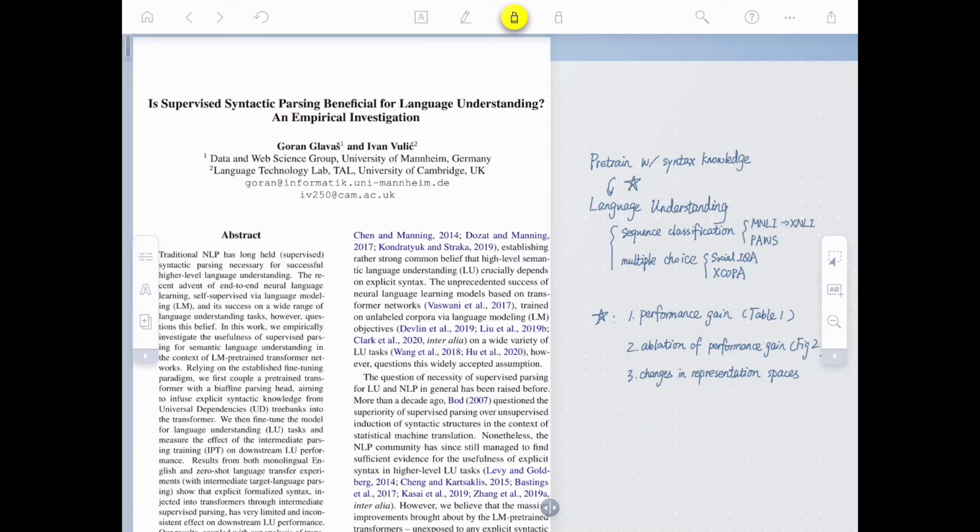So in this paper, they pre-trained with syntactic knowledge and fine-tuned on several language understanding tasks.